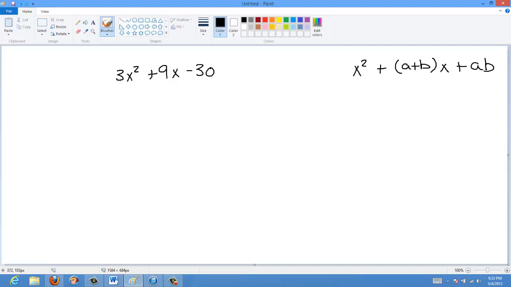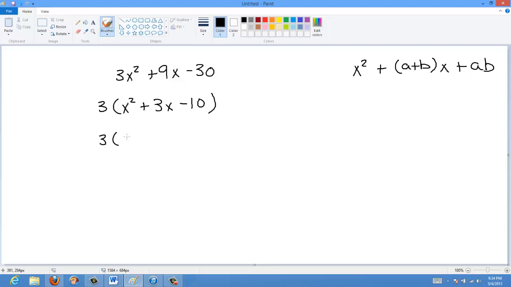But we go back to the greatest common factor that we saw with the binomials, and you can see that all of these are divisible by 3. So I can pull a 3 out of each term, and I would end up with an x squared here, a plus 3x here, and a minus 10. And all of a sudden it just comes back to being the same thing that we've done before.